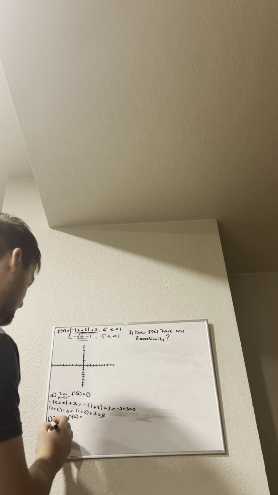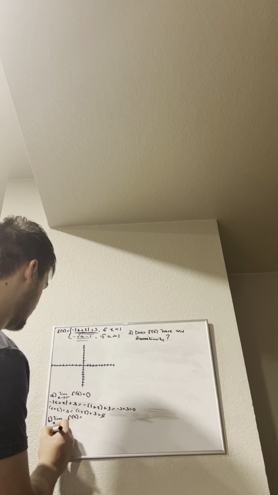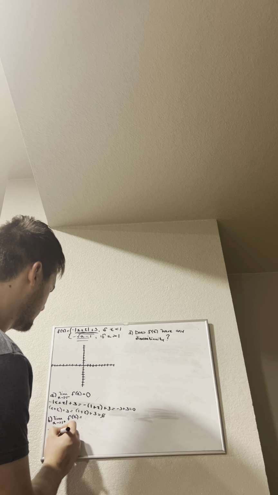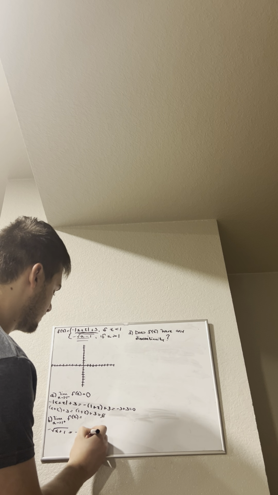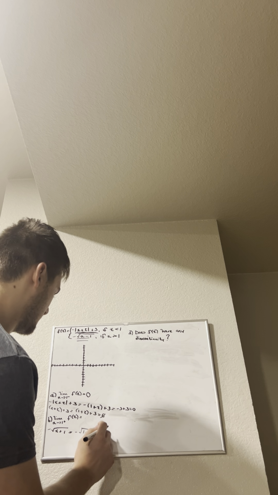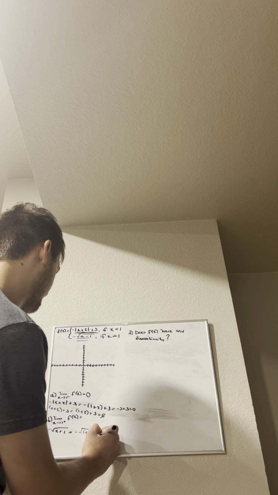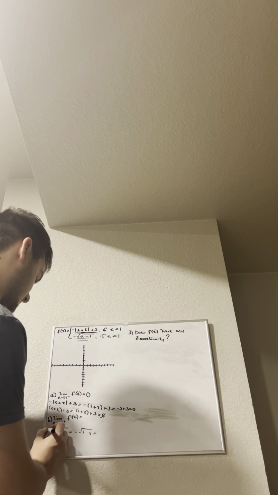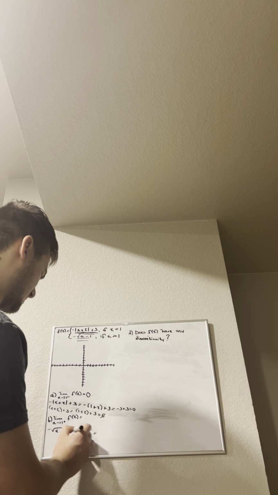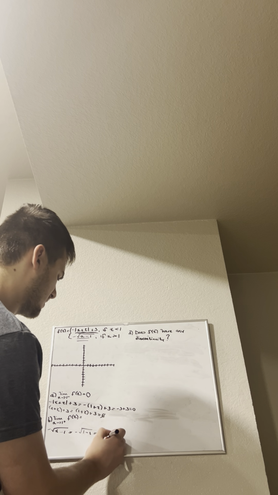So in that case, we can just do negative root of x minus 1, which equals negative root of 1 minus 1, which is just negative root of 0, which is just 0 in this case.